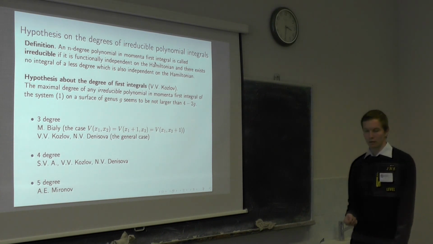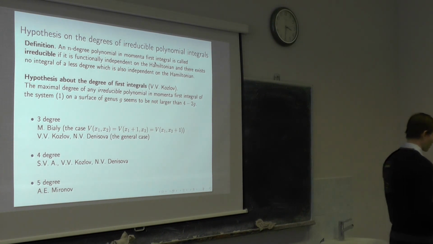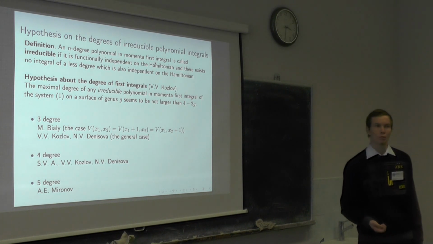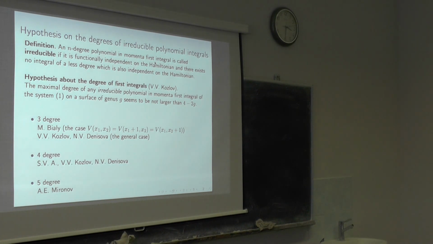And it turns out that if one considers an arbitrary system in nature, then its first integrals are either polynomials in momenta or functions of such polynomials. So it is natural to restrict ourselves to the class of polynomial integrals when studying the problem of integrability of any system.